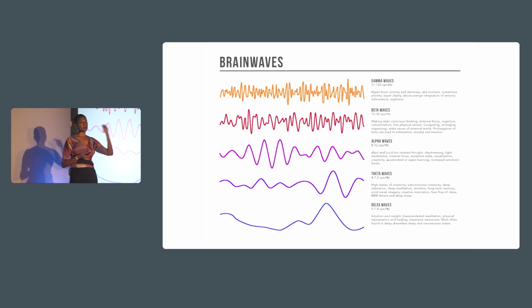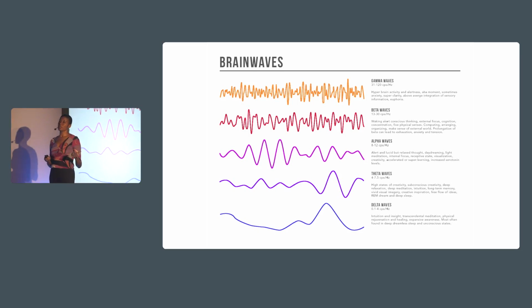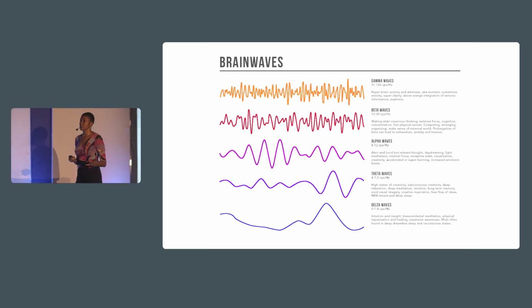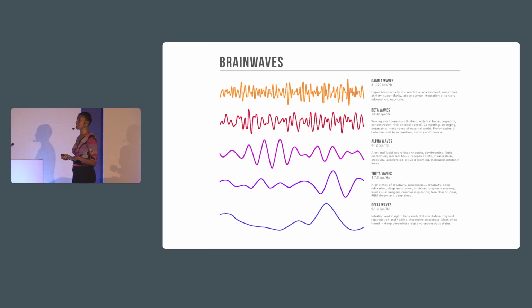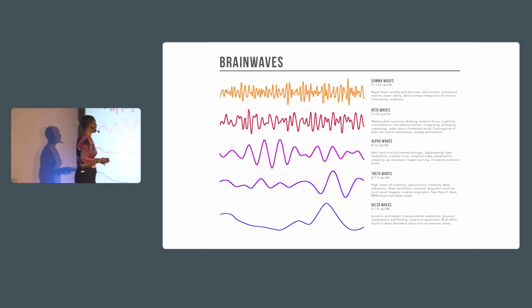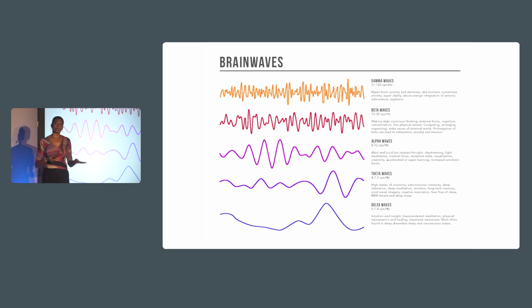Theta is the lower brainwave underneath that. Usually when you go into a deep sleep, usually dream sleep. If you're a very experienced meditator, you can go into theta brainwave mode at will. And then delta is the lowest and the slowest.